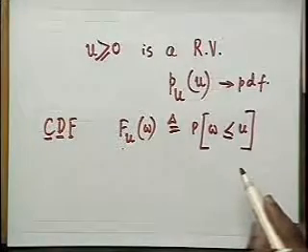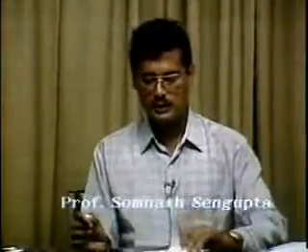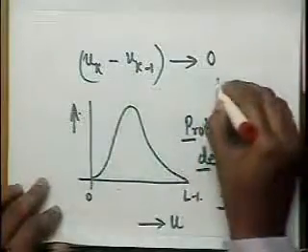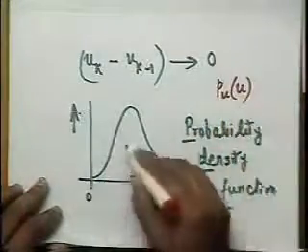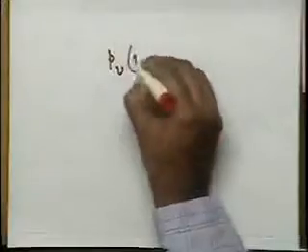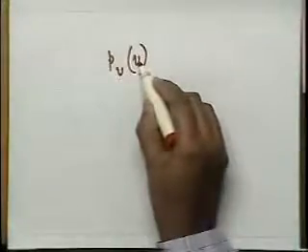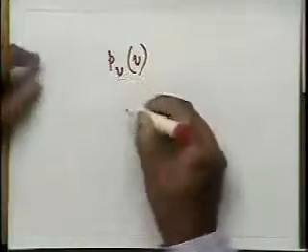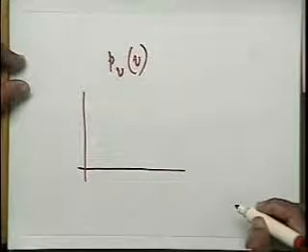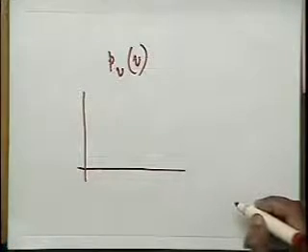Now, obviously, if this is the nature we get for PU of u, we would like to design a probability density function PV with respect to the variable v whose nature will be uniform. V should be uniformly distributed. That is what I want.